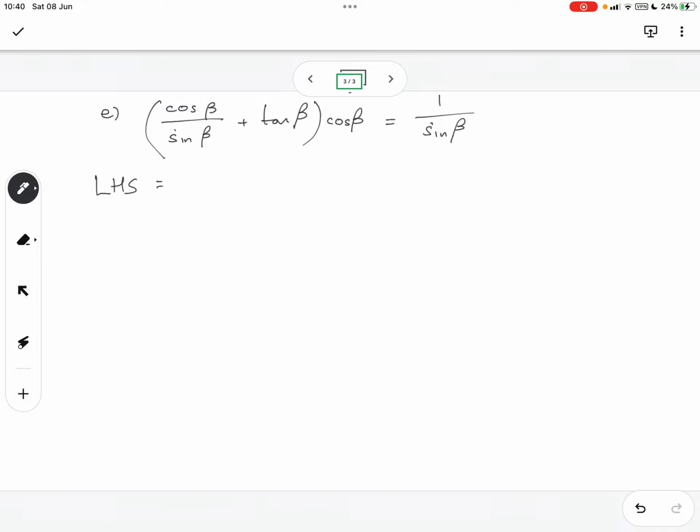Let's start with the left-hand side this time around. It seems like it'll be fun to solve. We could still do the right-hand side, but let's start with the left-hand side because it would help if we reduce it.